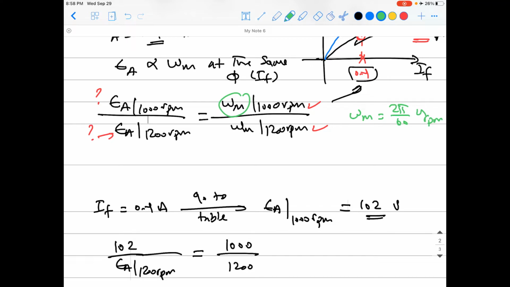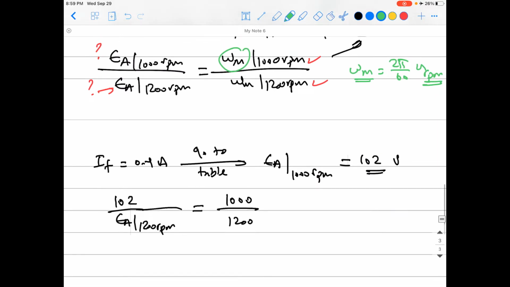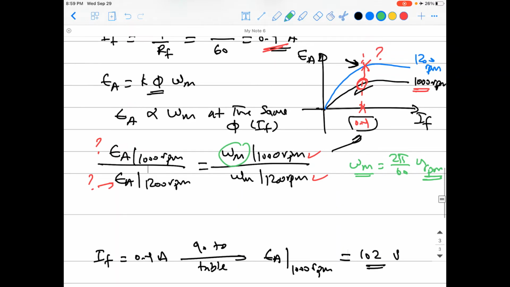So that's how you can convert from revolutions per minute to omega M, which is the angular speed. You just multiply by 2 pi over 60. But when you divide them together, those 2 pi over 60 will cancel out from the numerator and denominator. And now you can find EA easily here. So that is EA at 1200 RPMs, and it will be 122.4 volts.